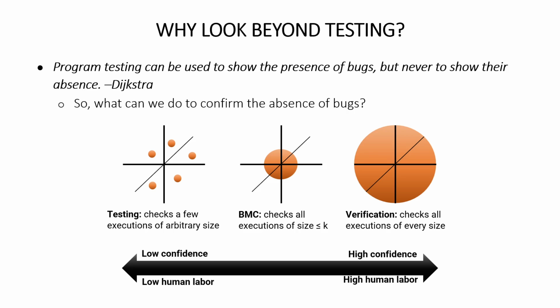So we will look at those two things, and we will also look at tools that can check everything about the system. Of course, if we only check a few things, we have maybe low confidence, but if we check everything, we have high confidence. But it says here low human labor, because you just write some tests.